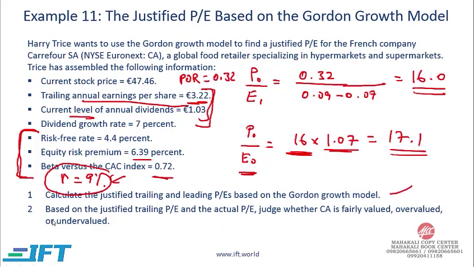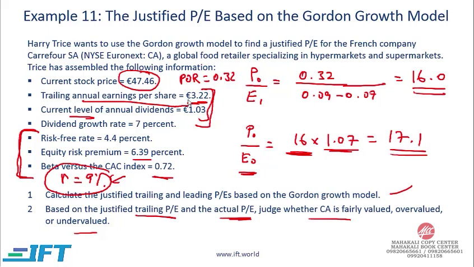What about 2? Based on the justified trailing PE and actual PE, judge whether the stock is fairly valued, overvalued, or undervalued. So what do you do here? You have to look at the actual PE, which is 47.46 divided by 3.22.